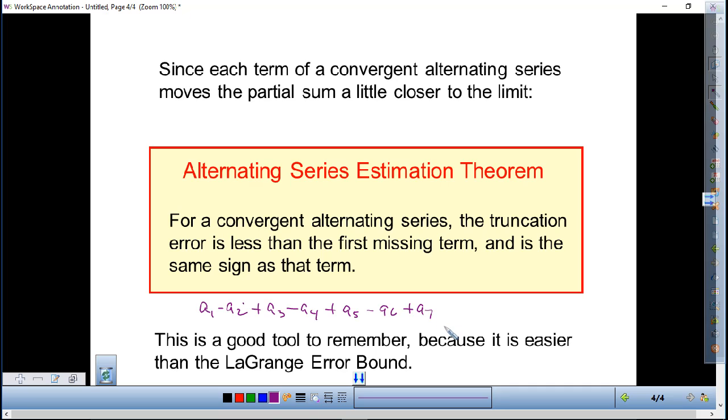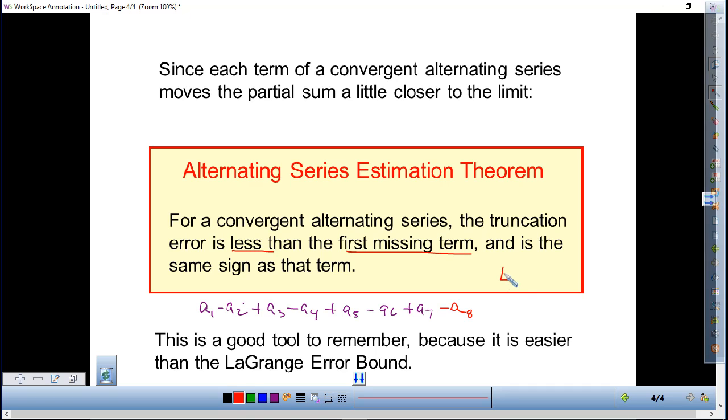And let's say we want to be accurate, and we'll take 7 terms, and then we want to see how far we are off. So the first one that we're going to chop off is going to be minus a sub 8. And what this says is that the truncation error, the error we're introducing from chopping off the rest of these terms, is less than the first missing term.